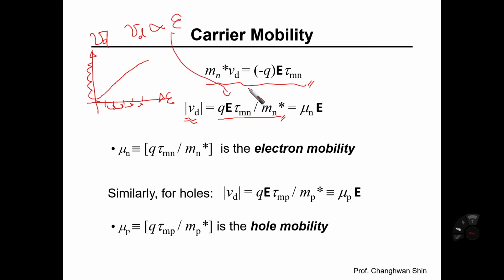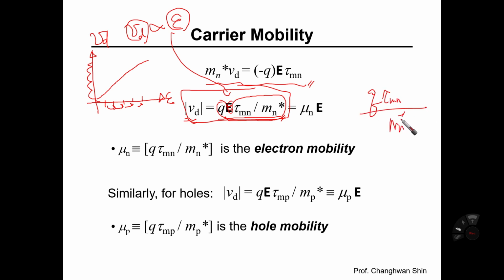Now, from this equation, you're going to derive the coefficient between drift velocity and electric field. What is this? This is the electric field. So the leftover is Q times tau sub Mn divided by Mn asterisk. This is the coefficient for what? For this relation: Vd is proportional to the electric field intensity.